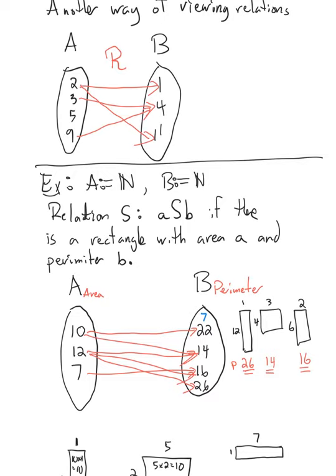But let's do an example of a function. So I want to talk about functions now. And functions are a special type of relation. I'll talk about their uses in a second, but let me define what they are.